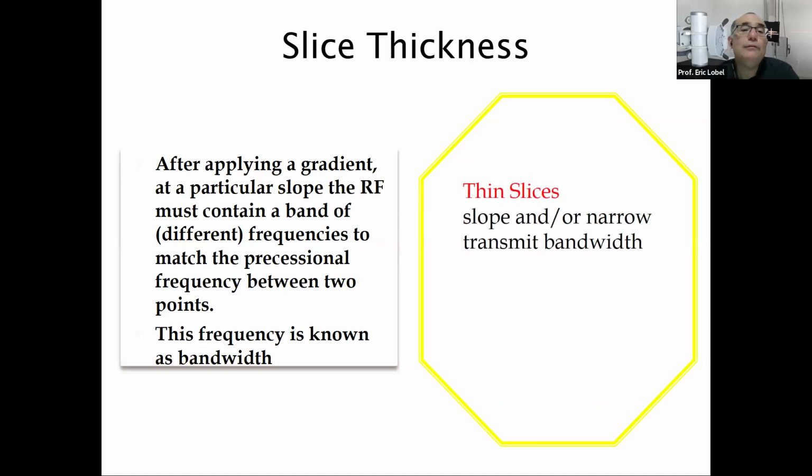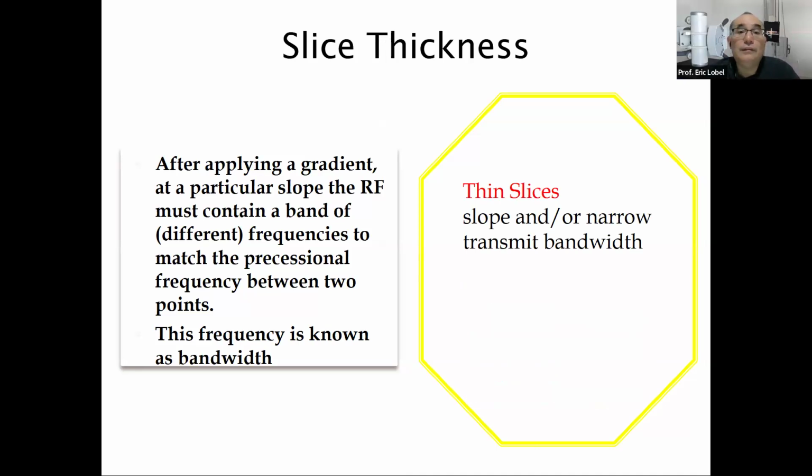So when it comes to slice thickness, after we've isolated the general area, we have to think about whether we want a thin slice or a thick slice. How thick a slice is will determine how many slices we're going to get. It also has a role to play in signal to noise.